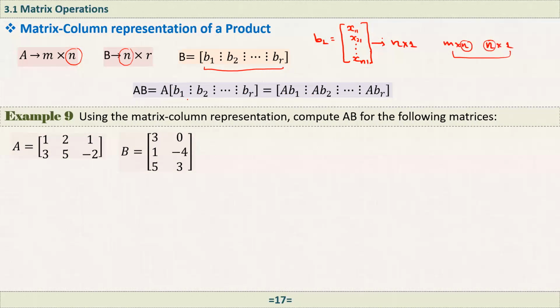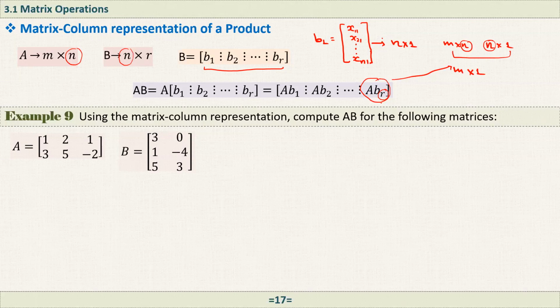In this more compact form, matrix A is multiplied by each column matrix. The size of each one is m by 1, and we have r columns.